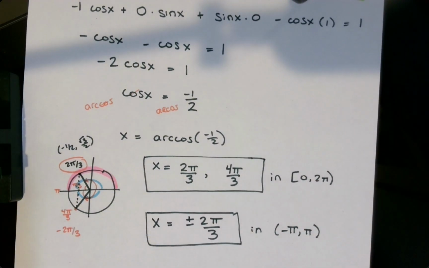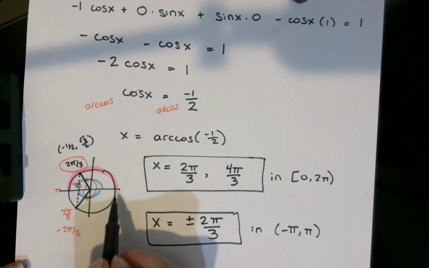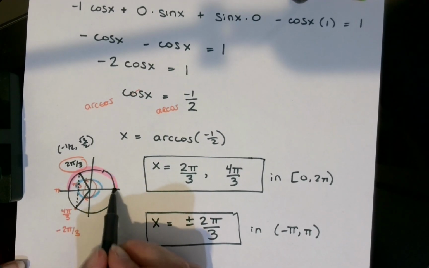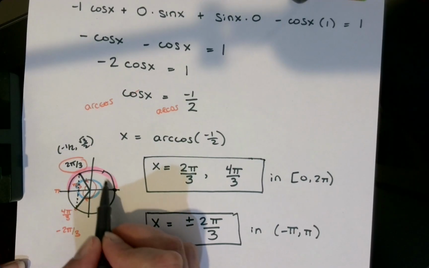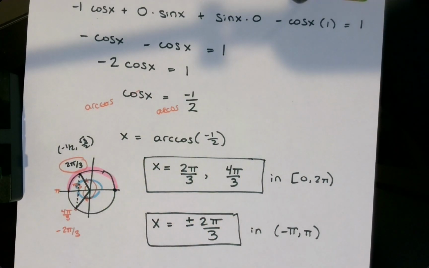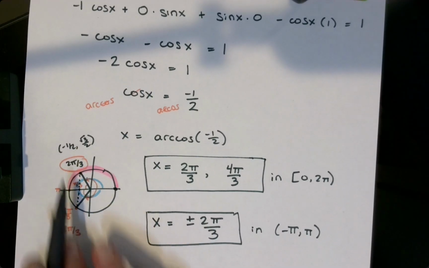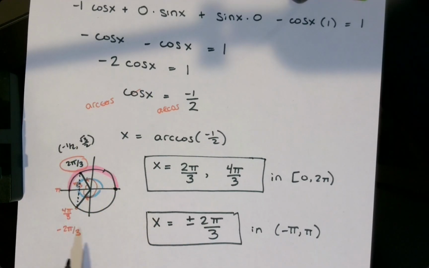It is still one full circle. It's just not a full circle that starts on the positive x-axis. It's a full circle that slices around from the negative x-axis. Not a standard way to answer the question, but it is definitely a way that the question could be answered. And it does allow me to answer with positive and negative. It worked out to be positive and negative of the same angle in this context.